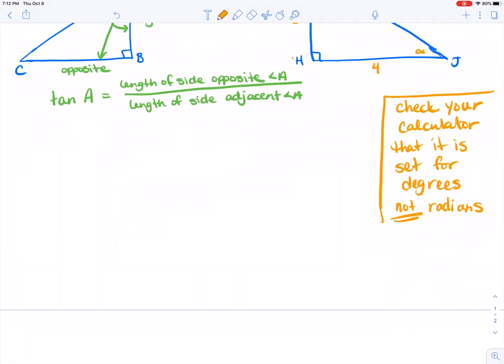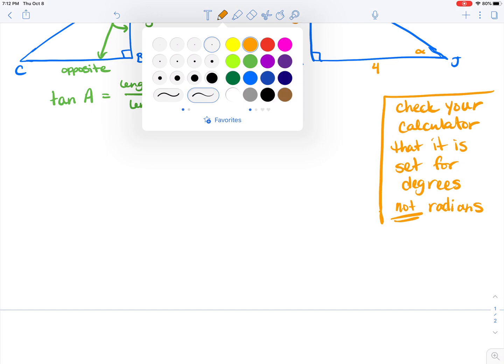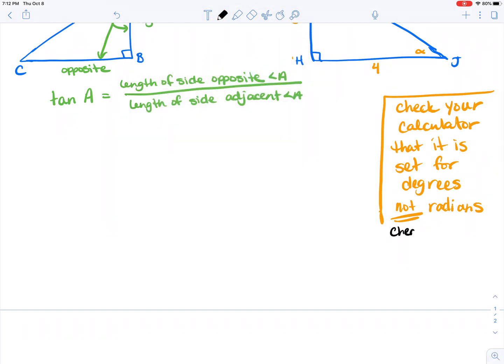Now, you can do a quick check. Check your calculator. You're going to put sine 30 and find out the answer. If you hit the SIN button and then hit 30 and hit enter, you should get 0.5 or 1/2.